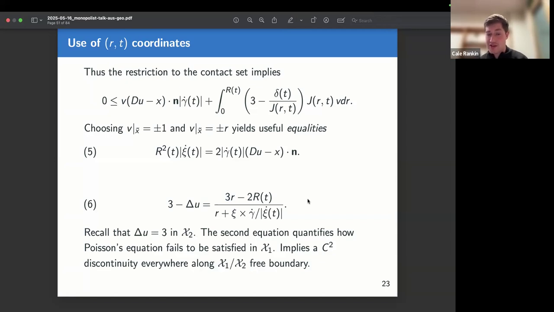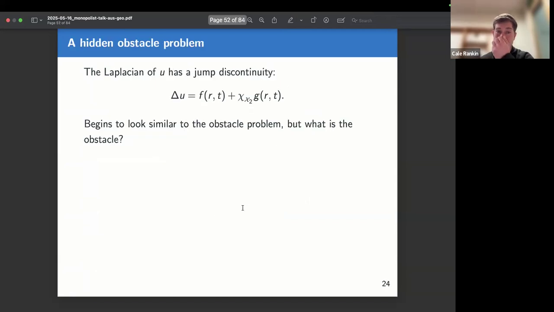That's a jump discontinuity, i.e. we're back in obstacle problem realm. So this Euler-Lagrange equation tells us that we have an obstacle problem at the free boundary. It tells us that the Laplacian looks like some function plus a jump discontinuity across x2.